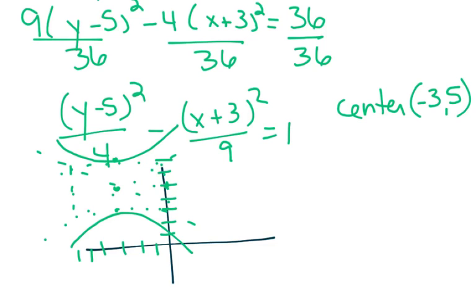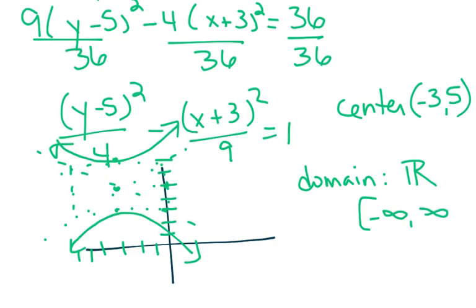But for the domain, notice that these graphs really go off to the left and right forever. So the domain is all real numbers. In interval notation, it's this. The range, however, is a little bit different.